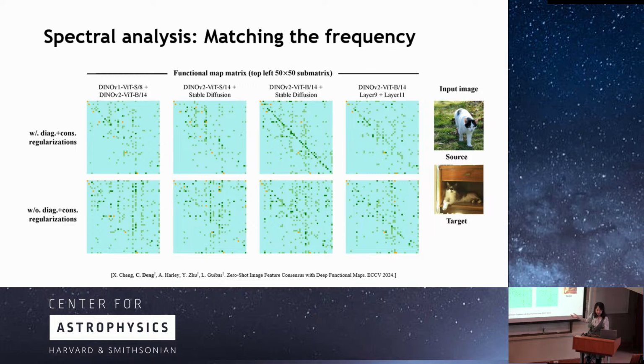So we compute the spectral decomposition, and here every column corresponds to one of the function bases of the source image, and every row corresponds to one of the eigenfunctions of the target image. Here we're testing with different features, and the diagonal ones are usually a better matching because they're matching things of similar frequencies.